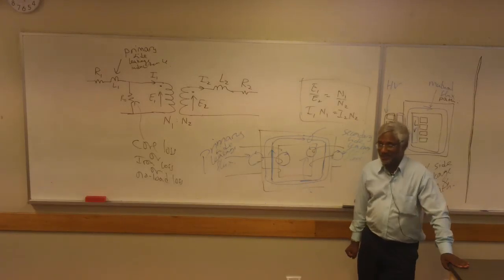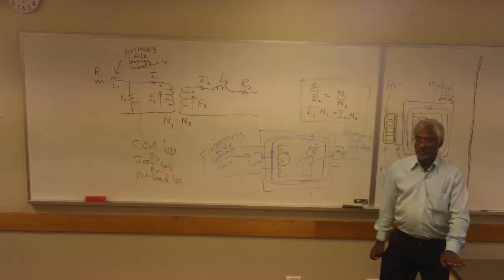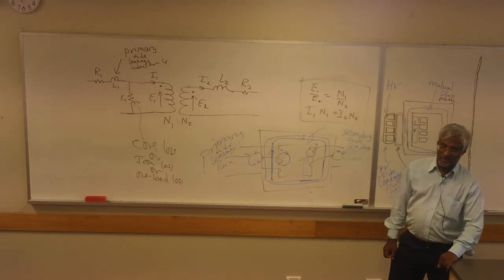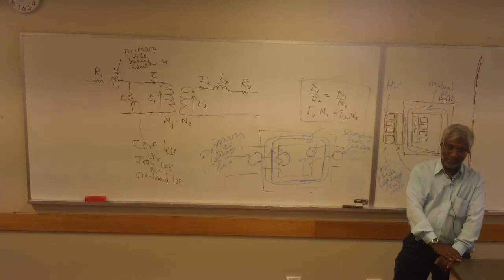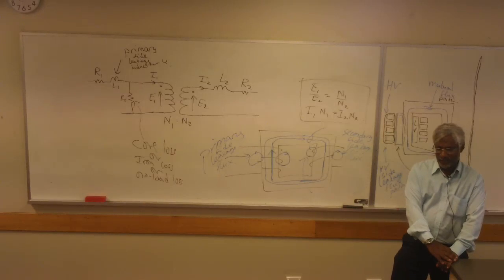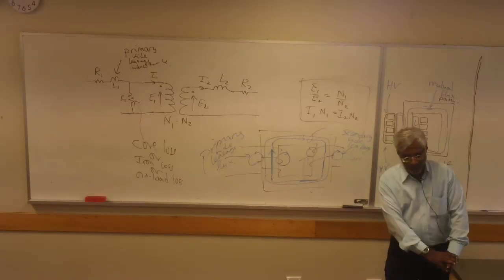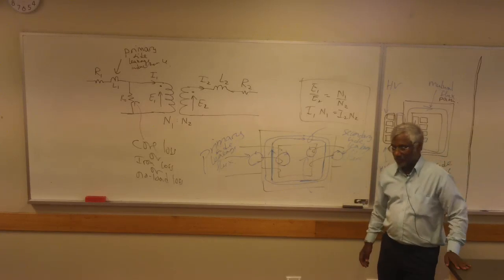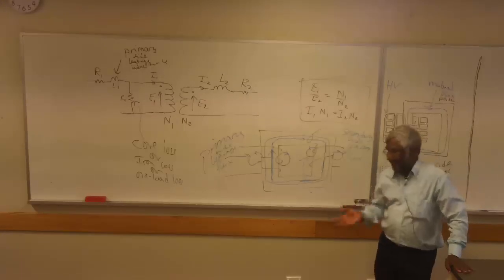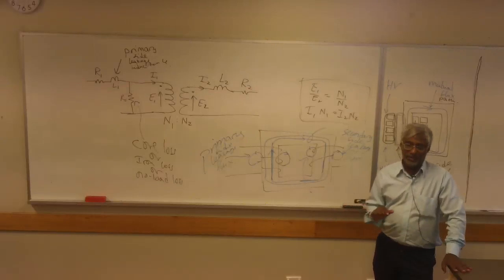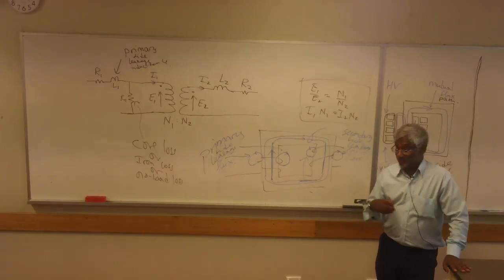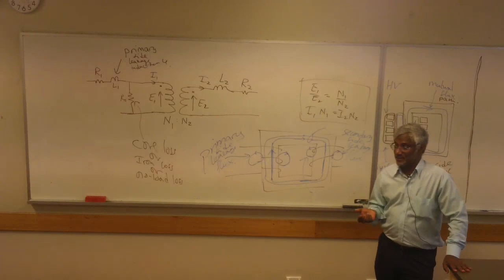Yeah. I will not call it energy, though. I would not call it energy. The reason for that is, when you magnetize a core, you would need magnetizing current, that's for sure. Right? However, there's no net energy associated with that.